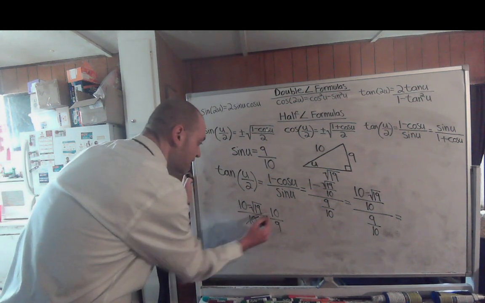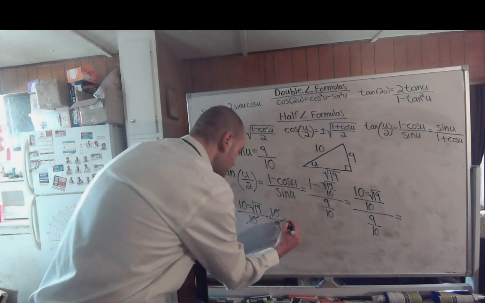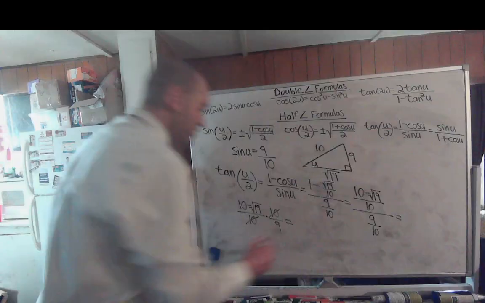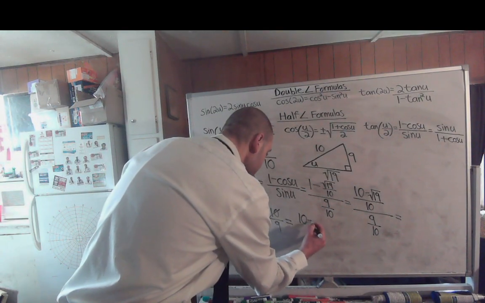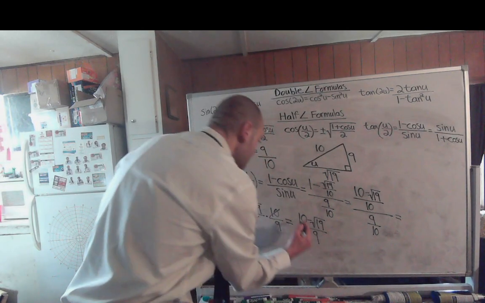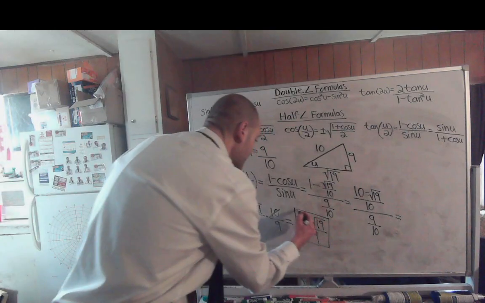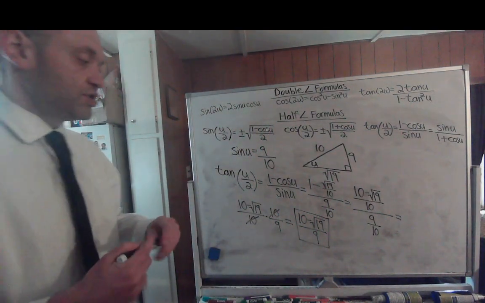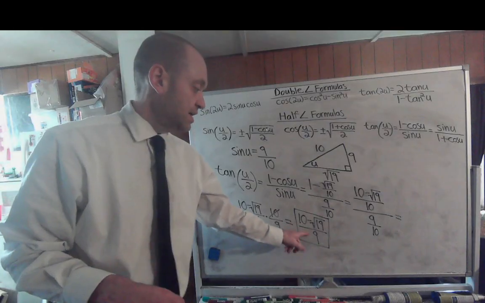Well, your 10s will cancel out, so the answer you should get for the tangent of u over 2 is 10 minus the square root of 19 all over 9. That would be the answer for the tangent of u over 2.